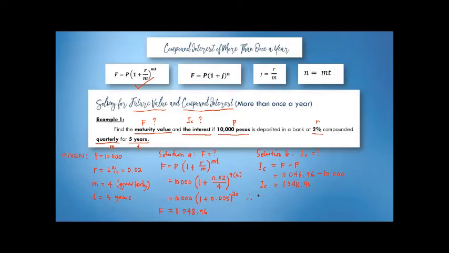Therefore, the maturity value is 11,048.96, and the interest is 1,048.96 after 5 years. So that is example number 1.